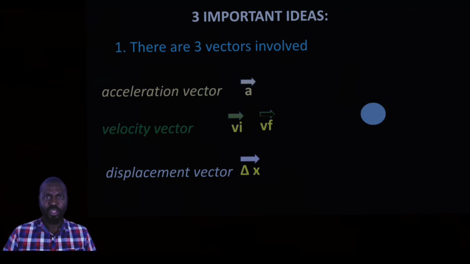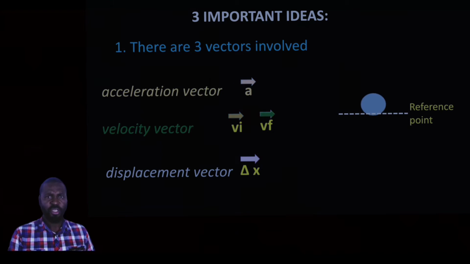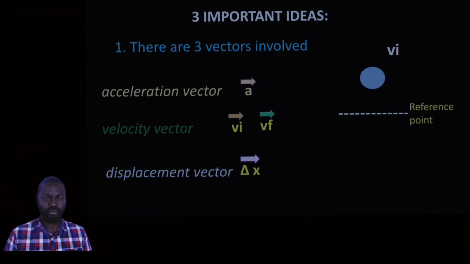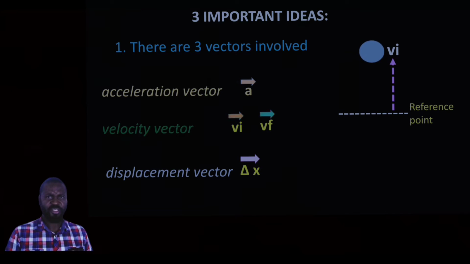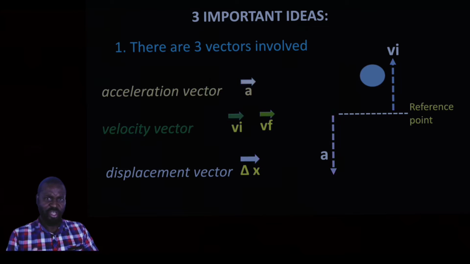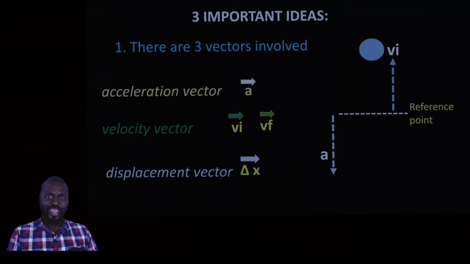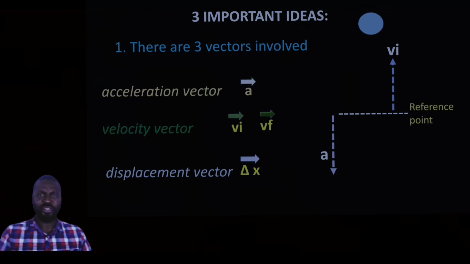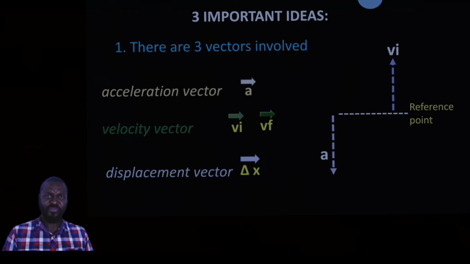For example, if an object is thrown vertically upwards in the absence of air friction, it means that the acceleration of the object is going to be downwards. So the initial velocity and the acceleration are in opposite directions. So when I'm substituting values into that formula, I cannot give them the same sign.